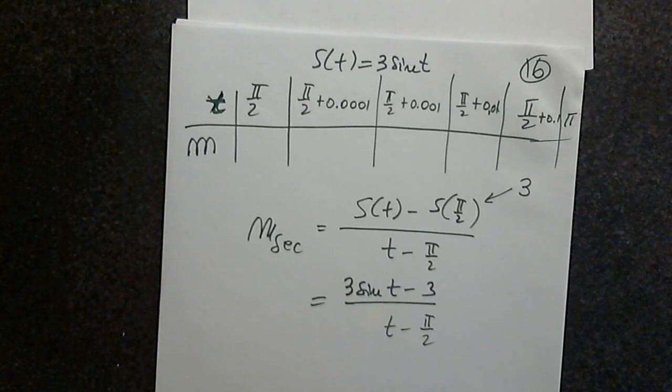I'm going to plug in pi first. Then I'm going to plug in pi over 2 plus 0.1. Then I'm going to plug in pi over 2 plus 0.01. And then pi over 2 plus 0.001. And finally, I didn't have pi.